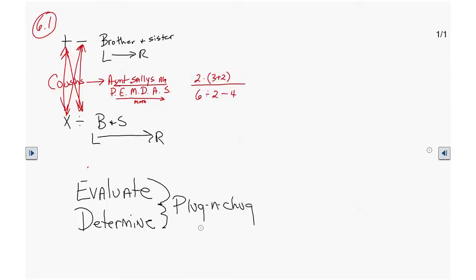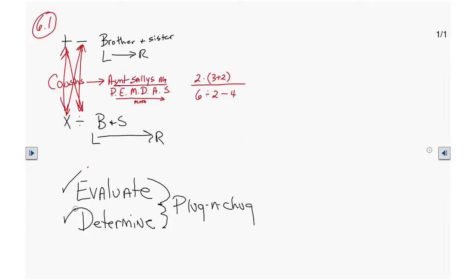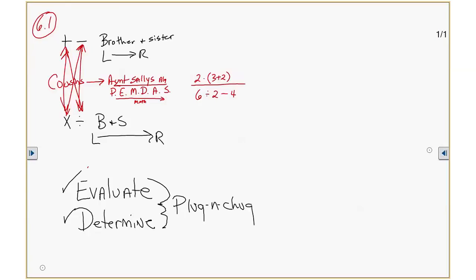Meaning if you say evaluate the following expression, then you're going to plug in numbers and turn out the arithmetic. But it says determine if something is a solution, you're going to plug in the numbers and turn out the arithmetic. Most of your homework or test questions out of this unit will be evaluate or determine. And when you see those two words in the directions, that means you're going to plug and chug. Okay?